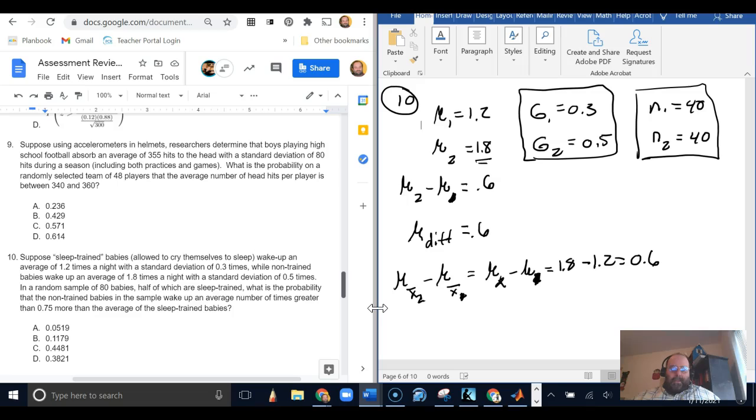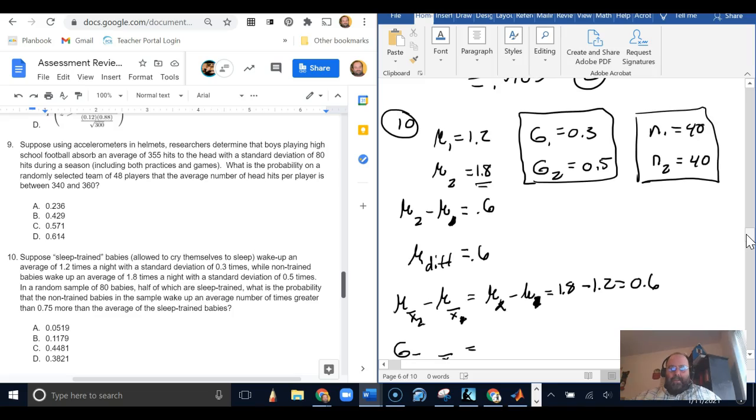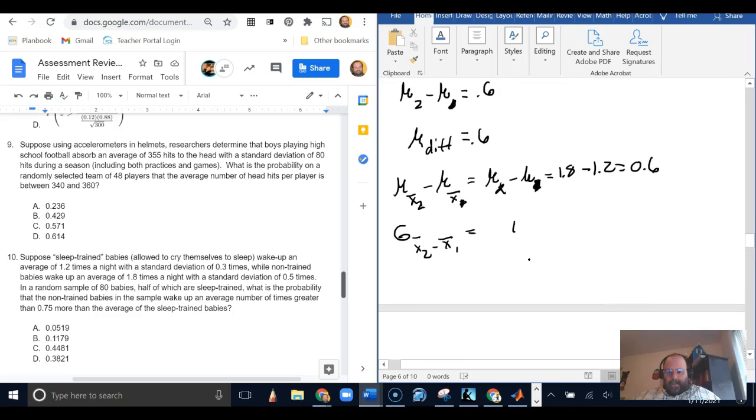The problem is that if I want to get variability here for sigma of x2 minus x1, I have to go back to variance, right? So variance of this is 0.3 squared, and the variance of the other one is 0.5 squared, right?